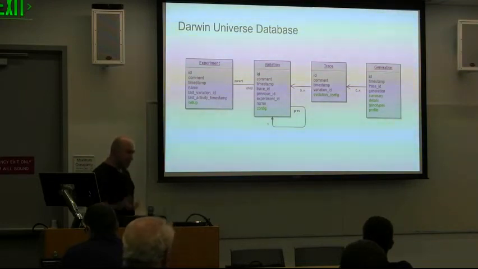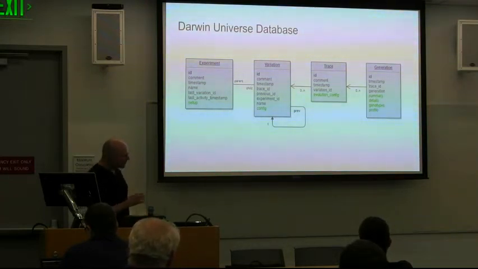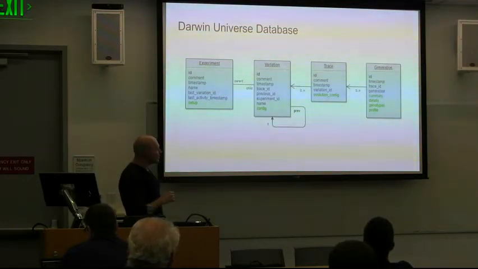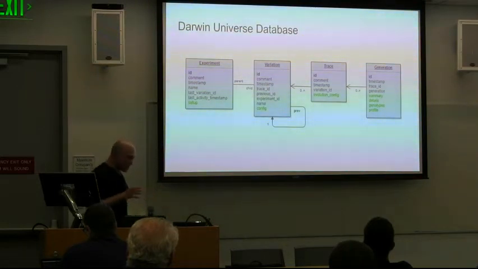And it's a relational database. It's a SQL, more or less, database. I ran into some problems with the relational part, the schema being too strict. So the Darwin database is a hybrid.